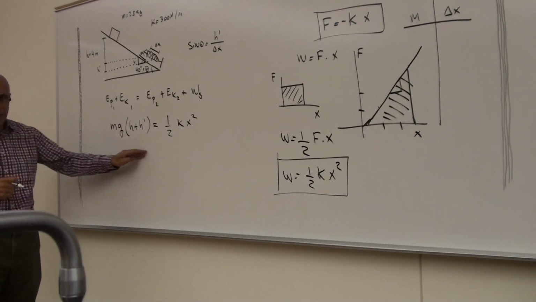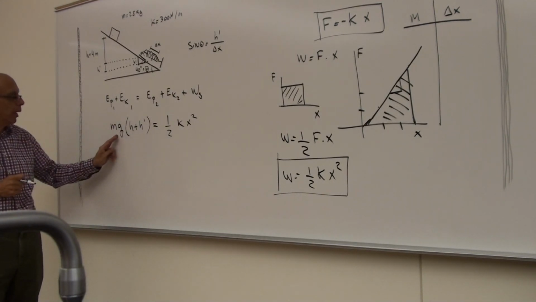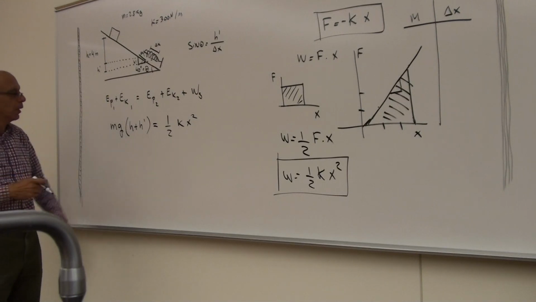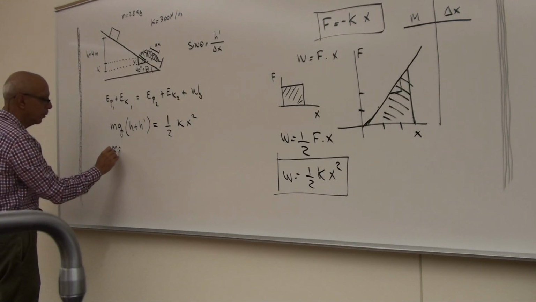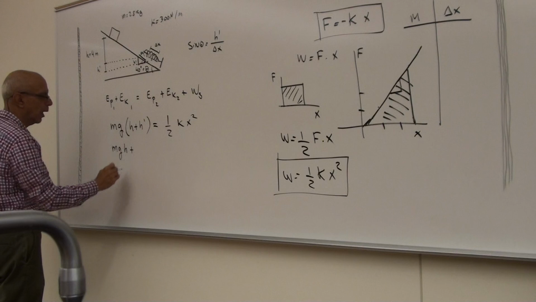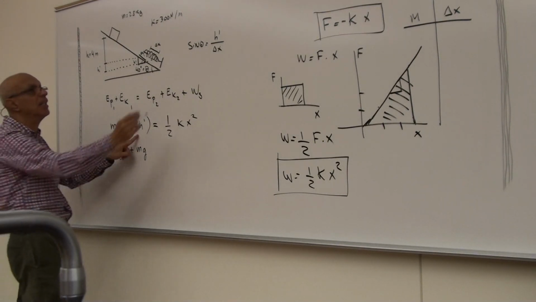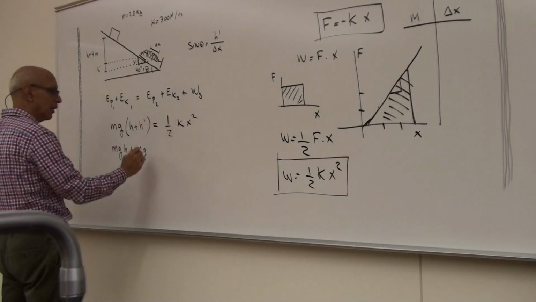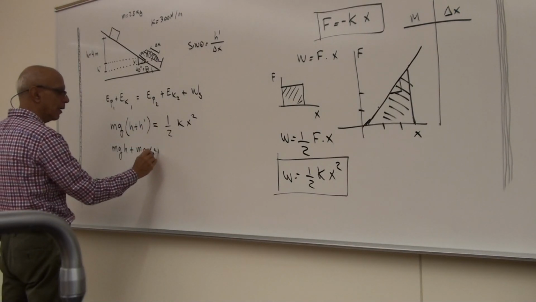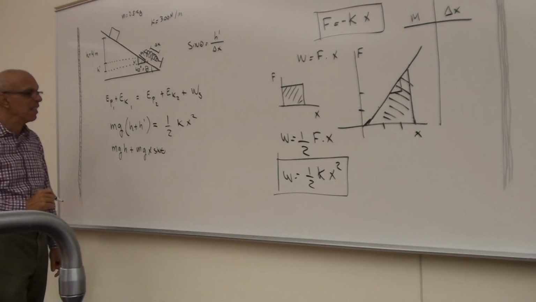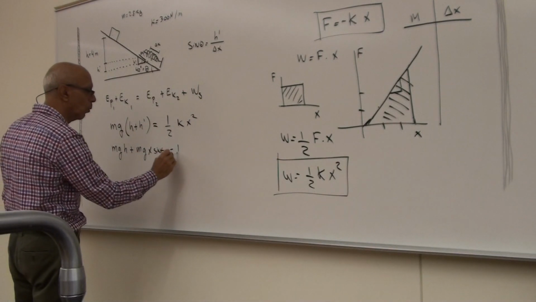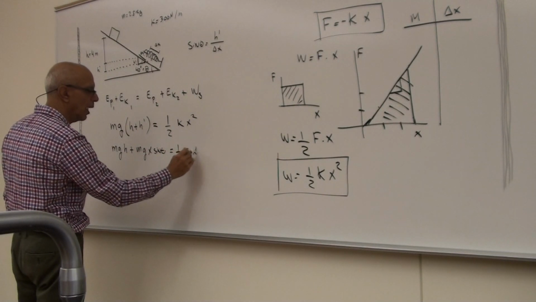So now let me write this equation here. I'm going to multiply this mg here. So I'm going to say mgh plus mg h prime, but h prime is x sine theta. Okay? And this is equal to 1 over 2 kx squared.